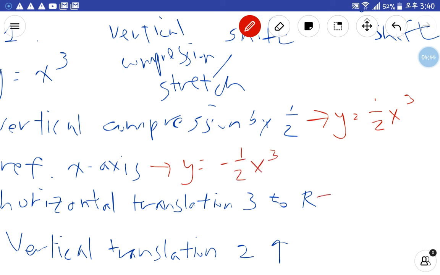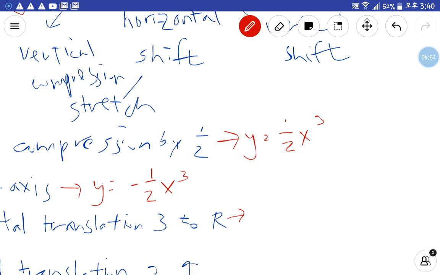Now what? You do the horizontal translation 3 to the right. So your negative half is going to stay, but your x minus h, which is in the parentheses, is going to change. If you are moving 3 to the right, we always do the opposite. If you move to the right, you are going to have a minus. If you want to move to the left, you're going to have a plus.